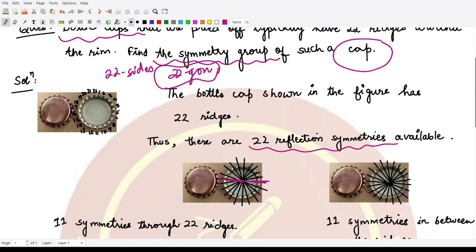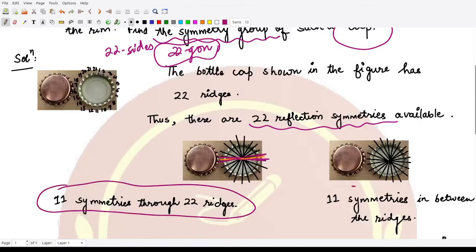What about the other lines? Other lines would be lying in between these two lines, which are not passing through the darker portions, correct? So we would have something like this. You can very clearly see we have 11 such lines which are passing through the darker edges, and we have 11 such symmetries which are in between those ridges, mentioned by this 11.